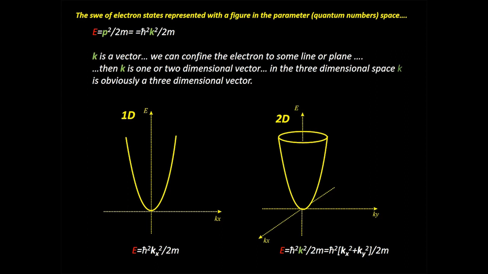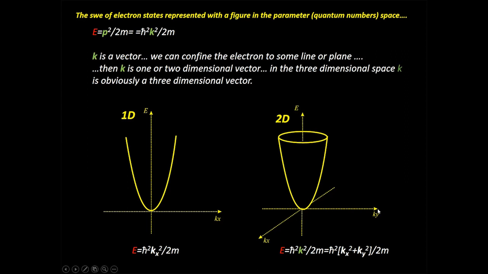If you confine the electrons to a plane, you have this. It's called a paraboloid. If you just rotate the parabola, you have this feature. This is actually a surface in 3D space where two coordinates are momentum coordinates.